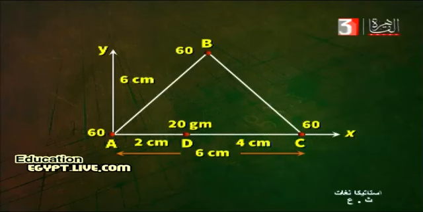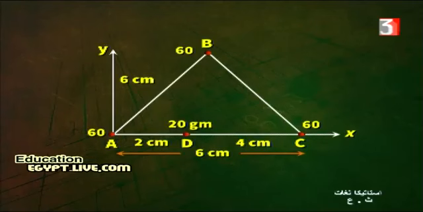We replaced 180 gram, the mass of the lamina, into 3 equal masses: at A 60 gram, at B 60 gram, at C 60 gram. And don't forget, we have another mass 20 gram at point D.